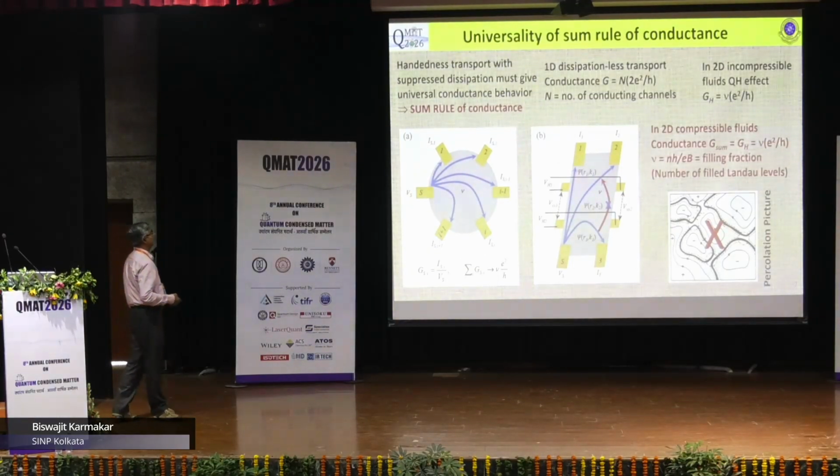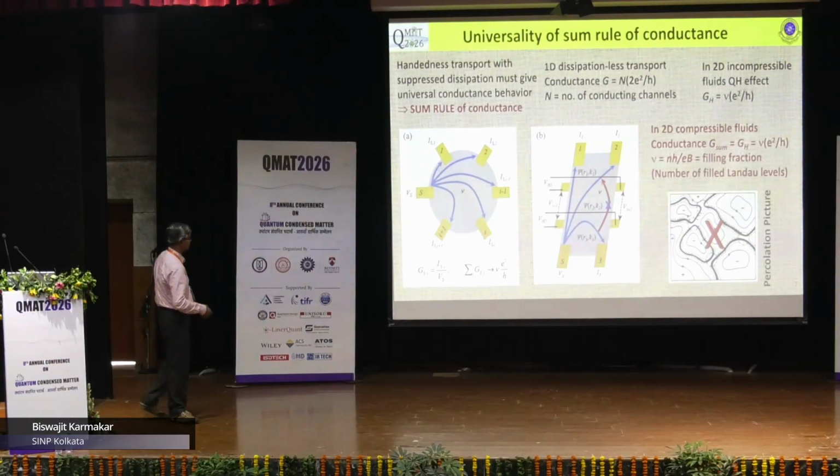Now if it is chiral, if there is handedness of transport with no dissipation, then what will the conduction law be? The conduction law should be universal. In our case, we have already seen this sum rule of conductance. In the system this percolation picture is not there, and opposite to chirality there is no quasi-particle transfer.